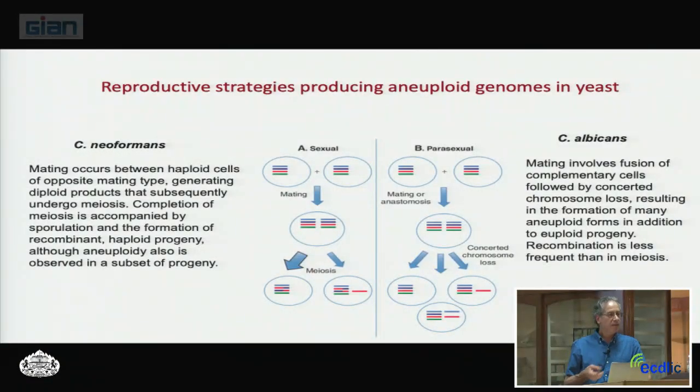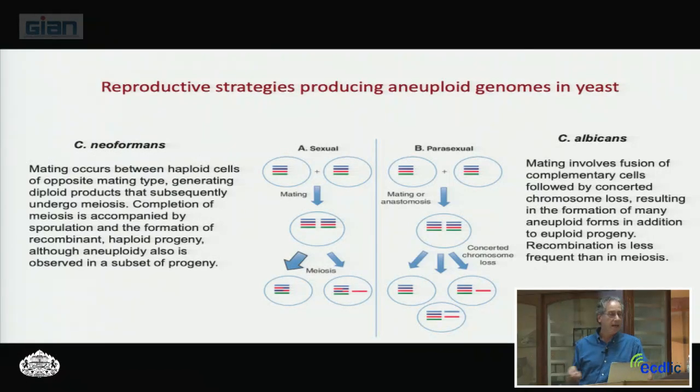A lot of the stuff we're seeing in Leishmania, it's very interesting to look at the fungal literature, particularly in terms of aneuploid genomes, which are so prevalent in Leishmania.